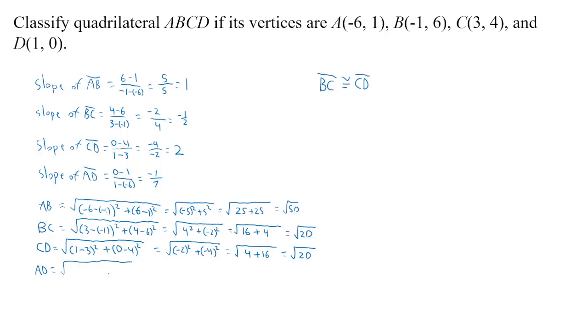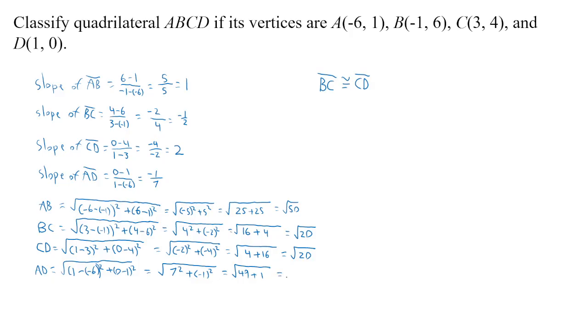All right, so this is 1 minus -6 squared plus 0 minus 1 squared. 1 minus -6 is 7. 0 minus 1 is -1. 7 squared is 49. 1 squared is 1.